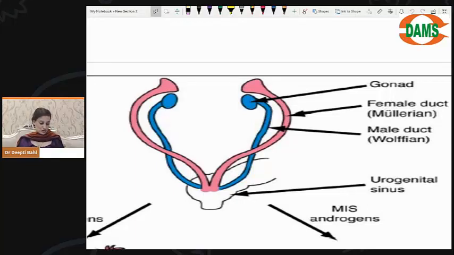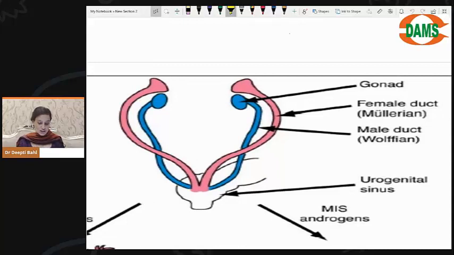In this structure, there is a pink duct, and pink is a very female color, so I'm putting it as the female duct, the Mullerian duct or paramesonephric duct. The blue, you can remember, is a male color, so we are labeling it as the male duct, the mesonephric duct or Wolffian duct. There are two Mullerian ducts, one on each side, and two Wolffian ducts, again one on each side.